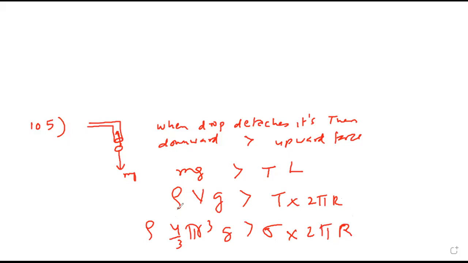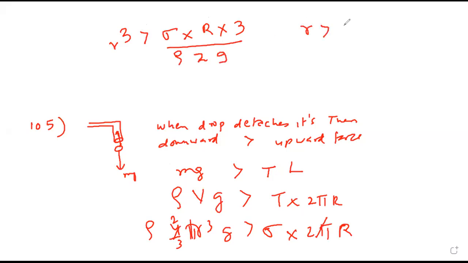Capital R is the radius of the tap, therefore 2 pi capital R. So 2 pi we can cancel, this becomes 2. So we get r cube is greater than surface tension sigma into capital R into 3 upon rho into 2 into g.